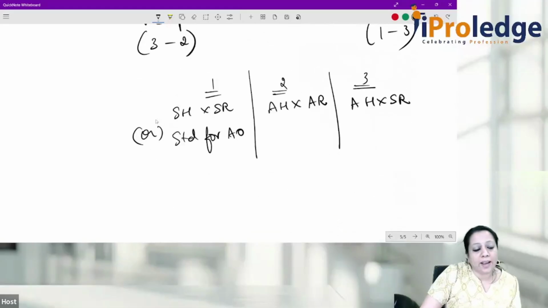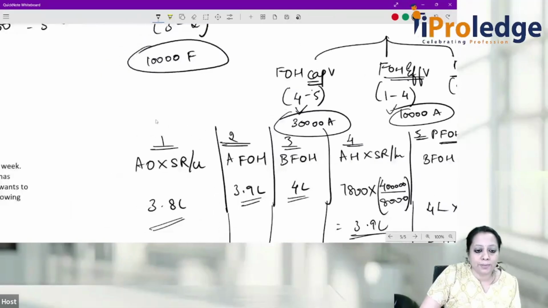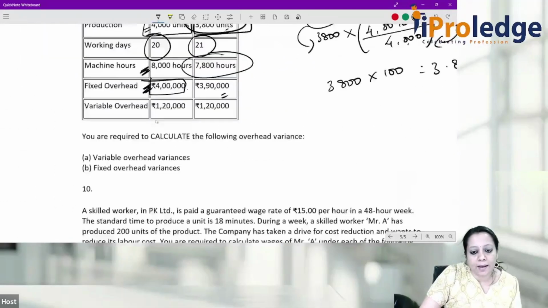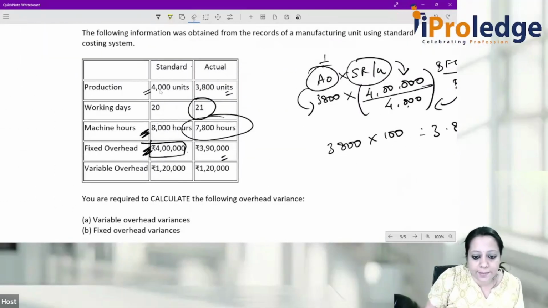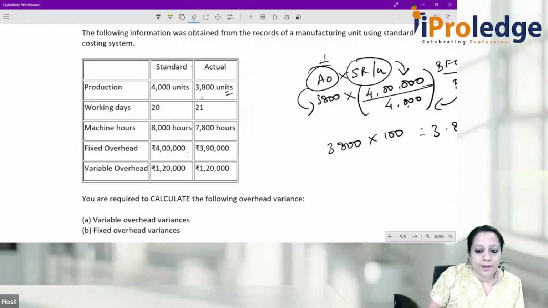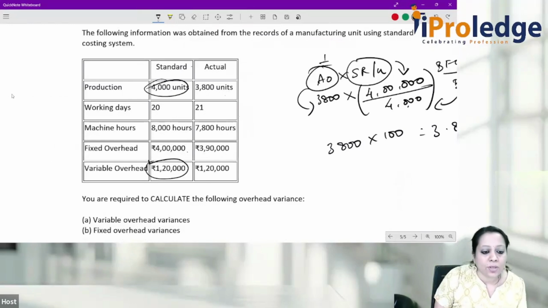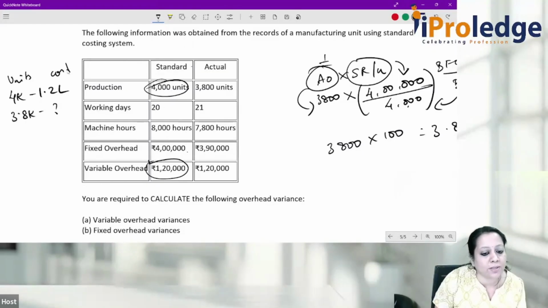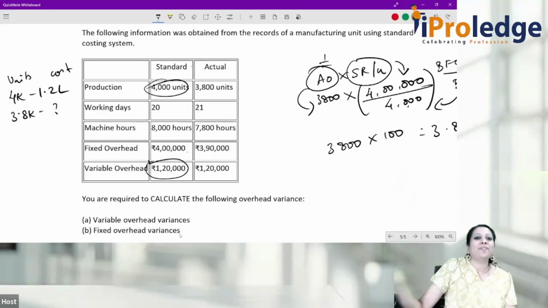Now what we will do is, I should have shown that also to you. I told you it is the standard required for actual output, no? Standard is how much? 1,20,000. But for how many units? 4,000 units. So 4,000 units get 1.2 lakhs, and for 3,800 units, how much is it? That is the standard for actual output.